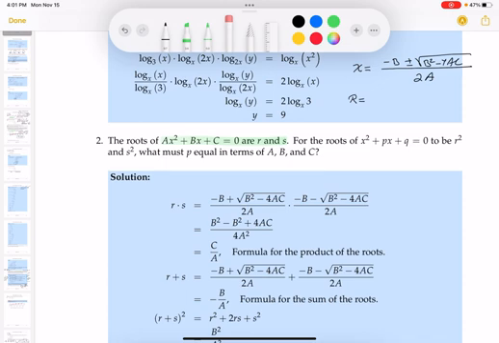Just write big R, is equal to minus b plus the root of b squared minus 4ac over 2a, and I'll say s is minus b minus the root of b squared minus 4ac over 2a. All right? Now, I do know what r and s are. They're roots of this over here.